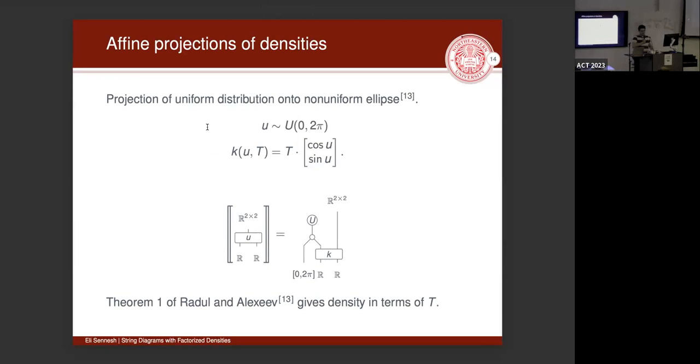Then I'm just going to turn the angle, which is really a polar coordinate on the unit circle, and convert it into xy coordinates. And then I will multiply it by my transformation.